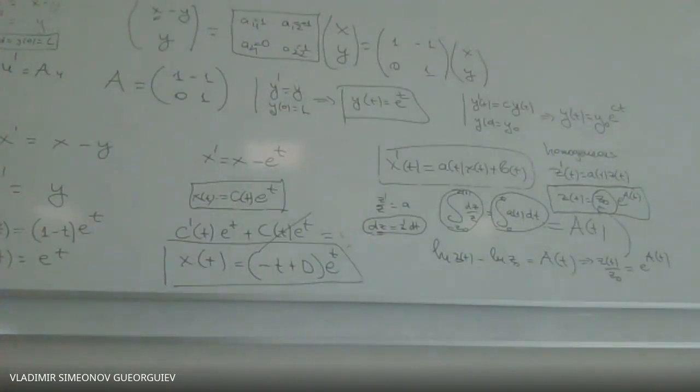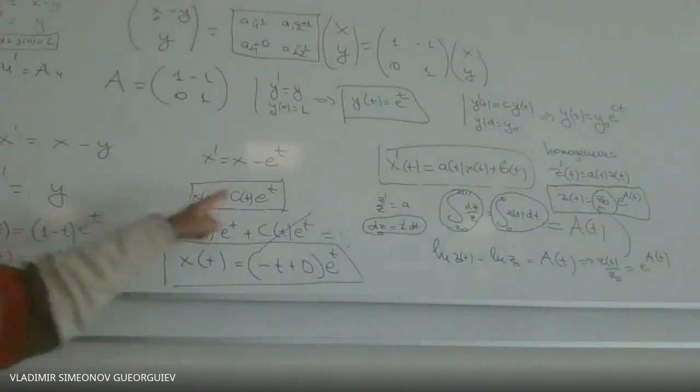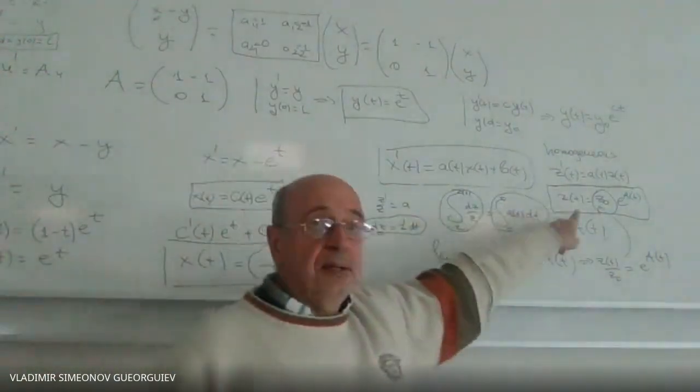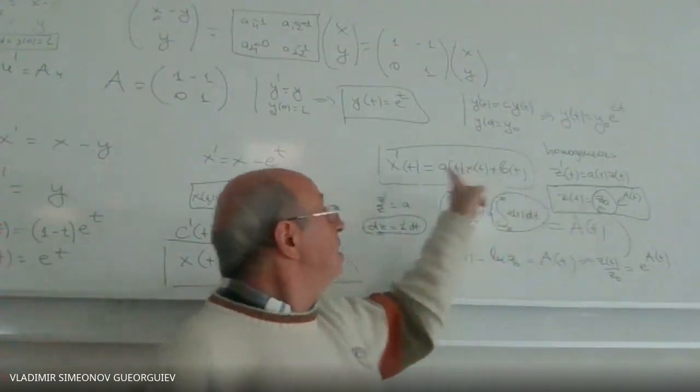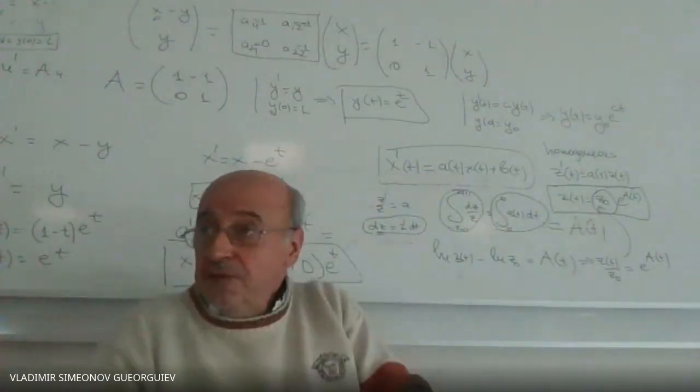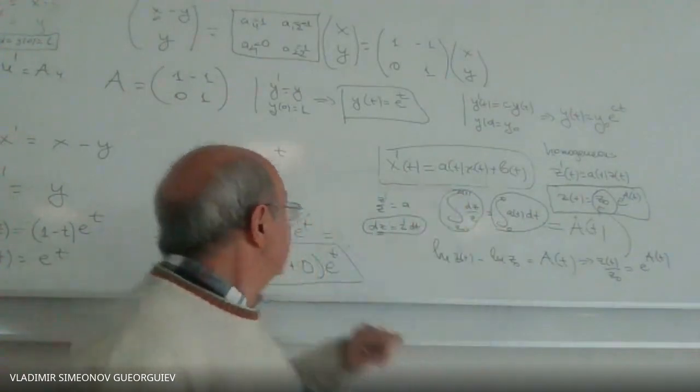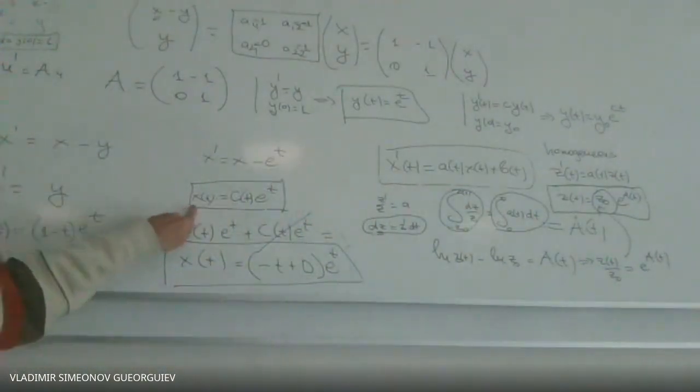our zeta, and now we can go to this formula and say what I did here. I simply used my solution, but instead of zeta, I write x because I'm looking for x. So I put here x.